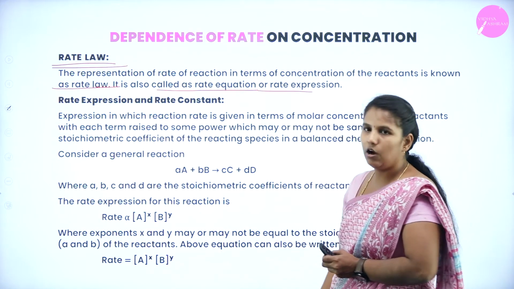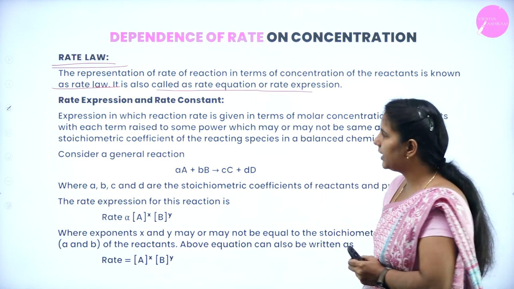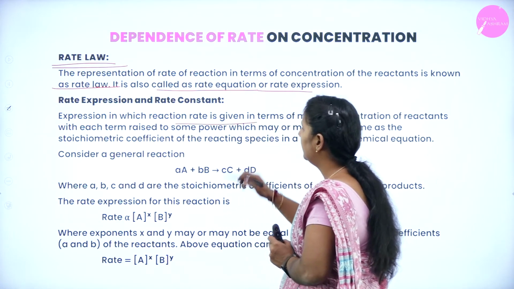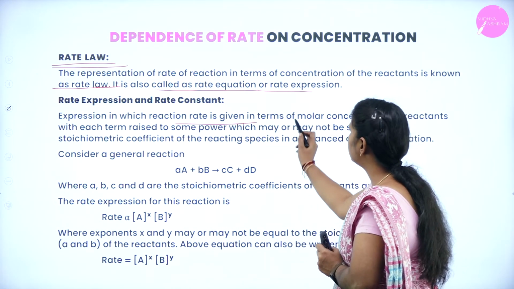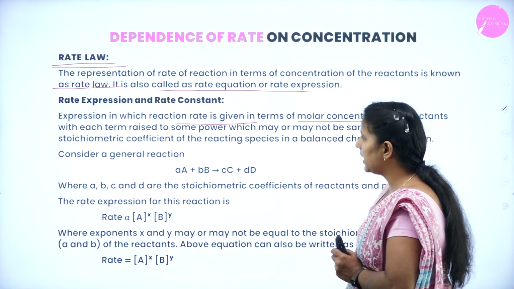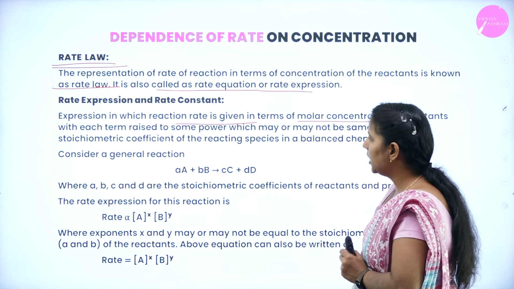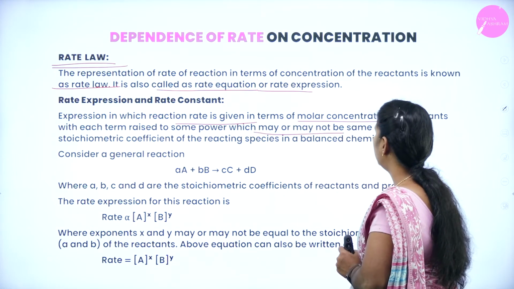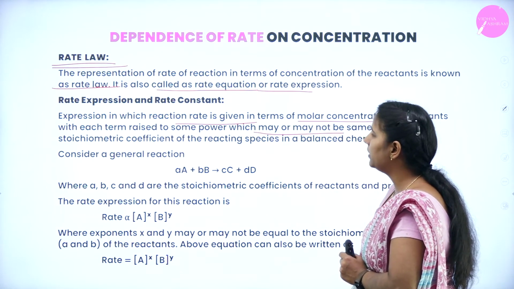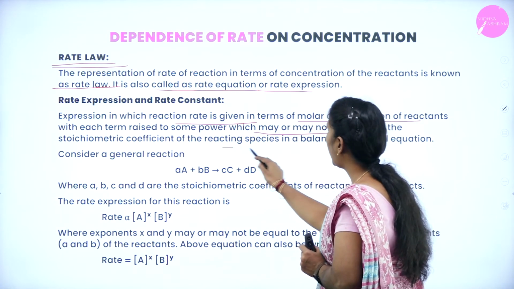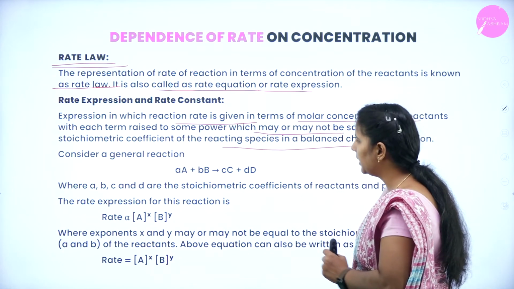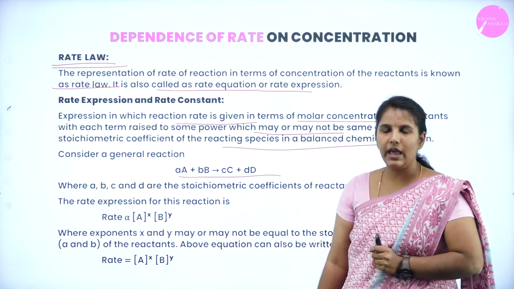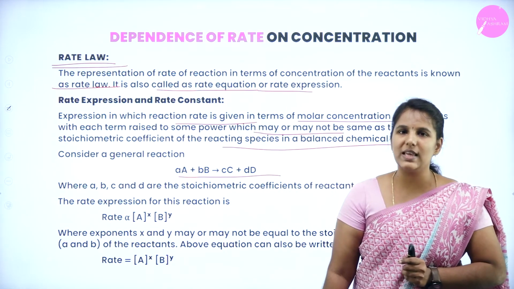So let us see how to derive this. What is the rate expression or the rate constant? The expression in which the reaction rate is given in terms of molar concentration of the reactant, with each term raised to some power which may or may not be the same as the stoichiometric coefficient of the reacting species in a balanced chemical equation. Suppose I consider the equation where aA plus bB leads to cC plus dD.